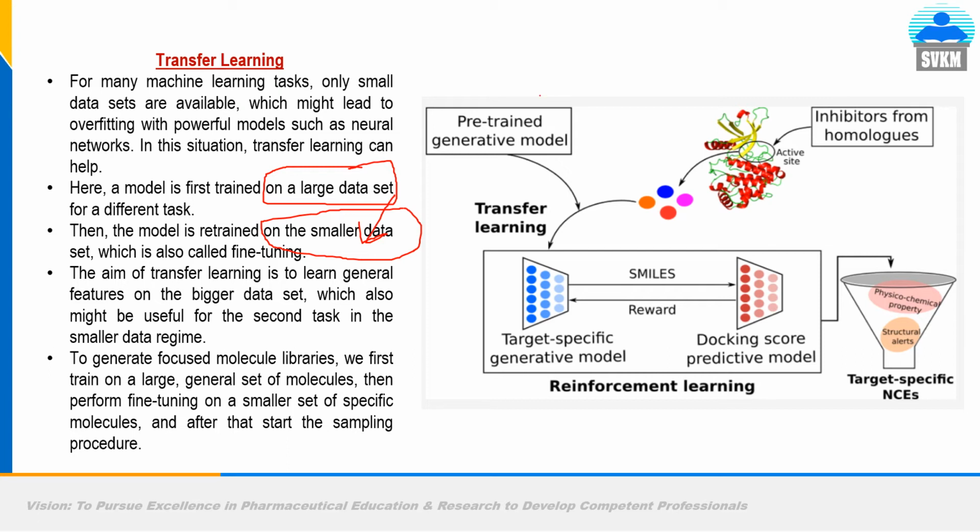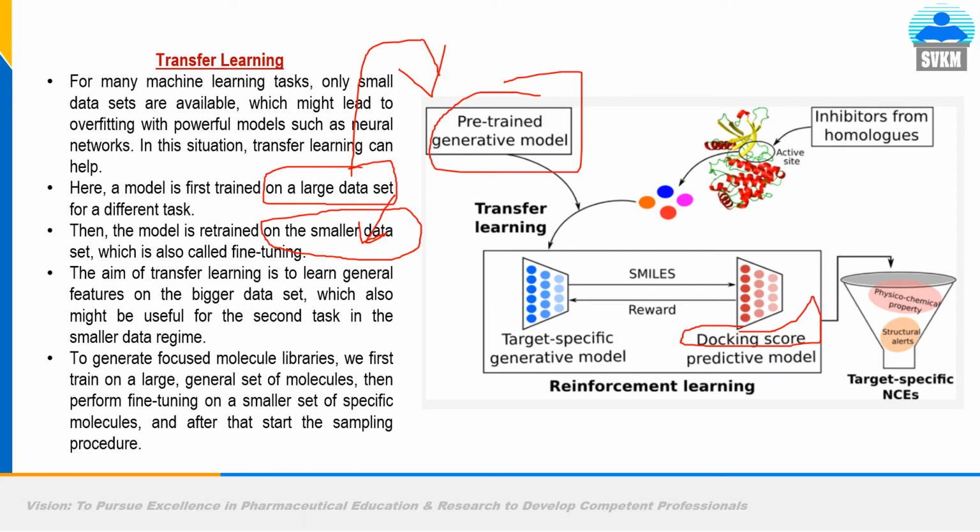For example, you have a pre-trained generative model trained through this large database, and then you will go for transfer learning, and you will expose your pre-trained generative model to be trained further for target-specific compounds, and through this docking score, which indicates how perfectly your molecules are binding to the receptor of interest.